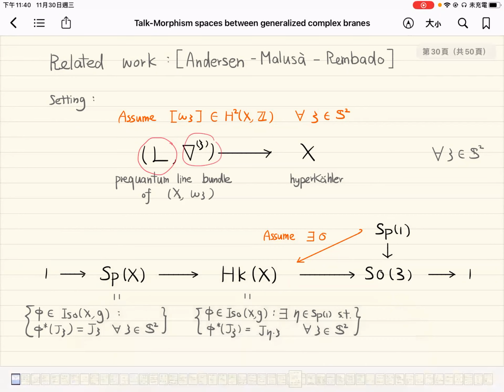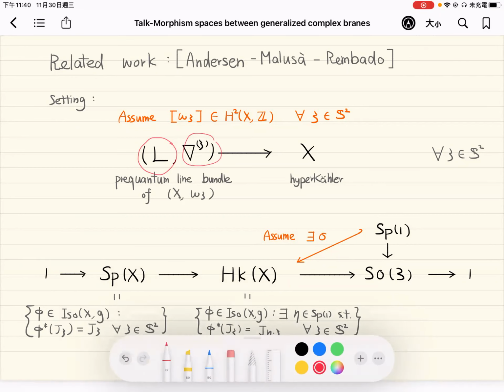And they also consider a certain kind of isometry group acting on the X. So this SPX is just the hyperkähler isometry.